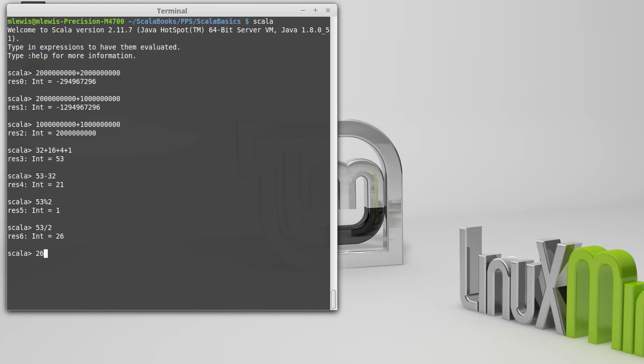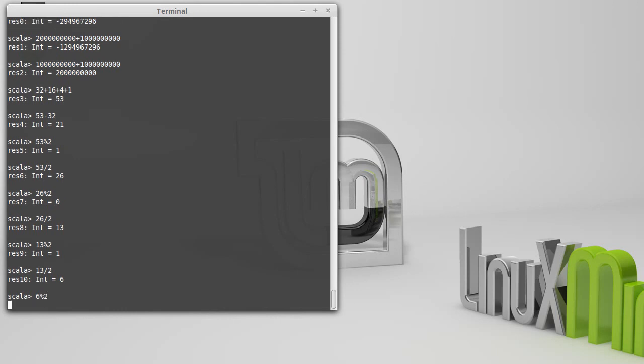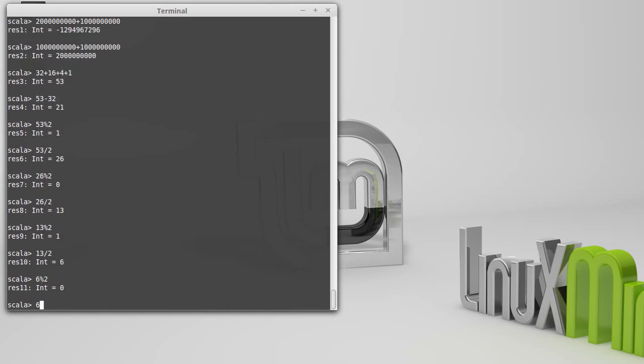And so I take that 26 and I modulo 2 and I get a 0 because it was even. And I take that 26 and I divide it by 2 and I get 13, which is of course odd. So when I do the modulo, I get a 1. 13 divided by 2 gives us 6. 6 modulo 2 is 0. 6 divided by 2 gives us 3. 3 modulo 2 is 1.